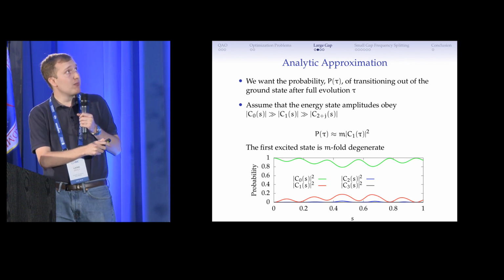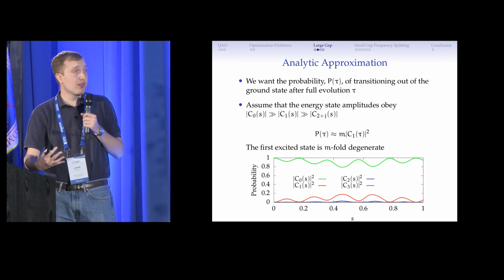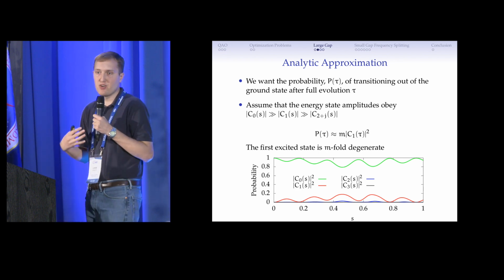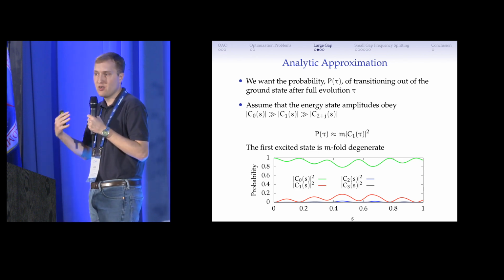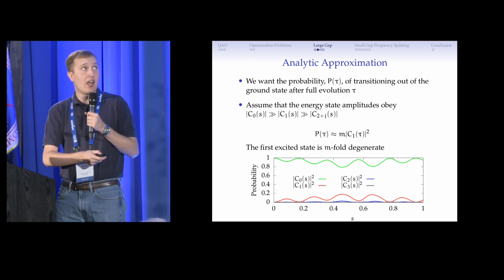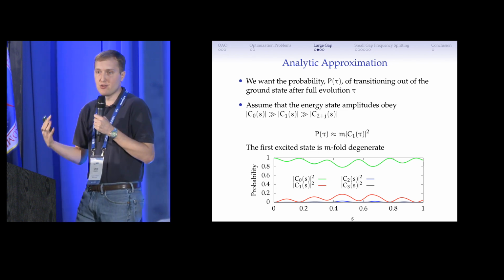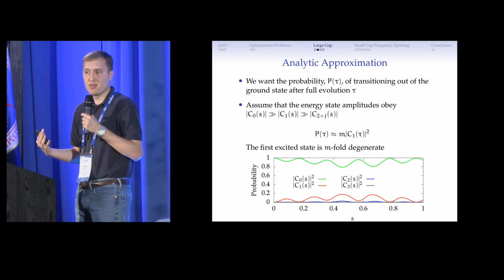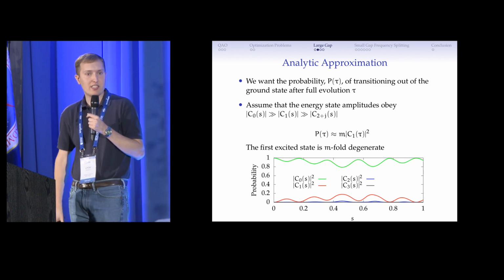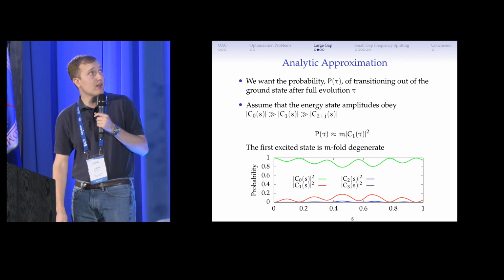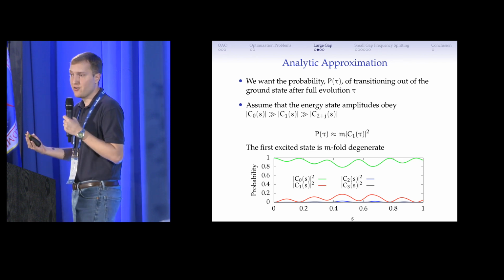And so the probability of transitioning out of the ground state is essentially going to be the probability of transitioning into first excited states. And here I've listed M as just the degeneracy of the first excited state. The barrier tunneling model that I showed before is n-fold degenerate in the first excited state, but non-degenerate in the ground state.